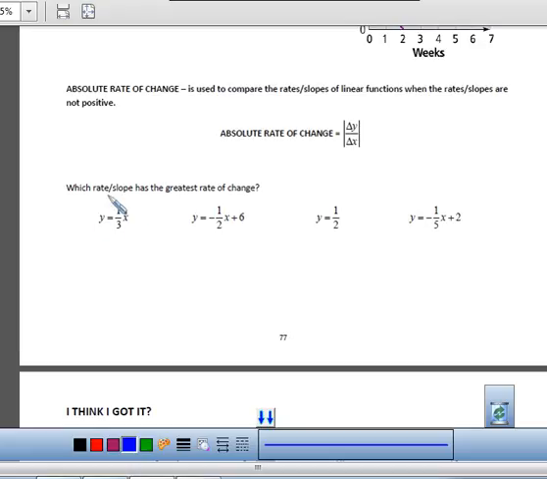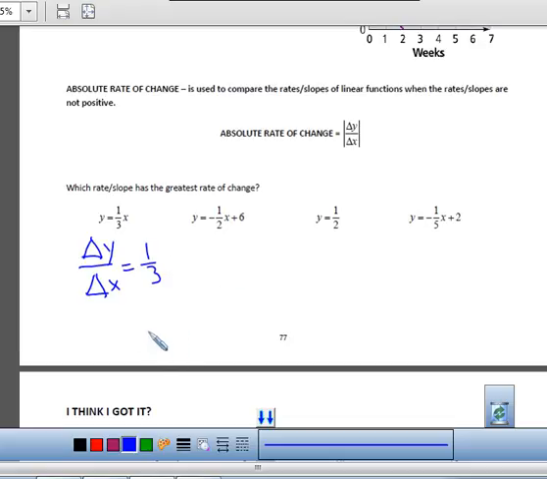Alright, the first one. I'm sorry, this question is for all of them. Which rate or slope has the greatest rate of change? So, this first one, the change in y over the change in x is 1/3. If I take the absolute value of it, which I don't need to because it's already positive, it's 1/3.